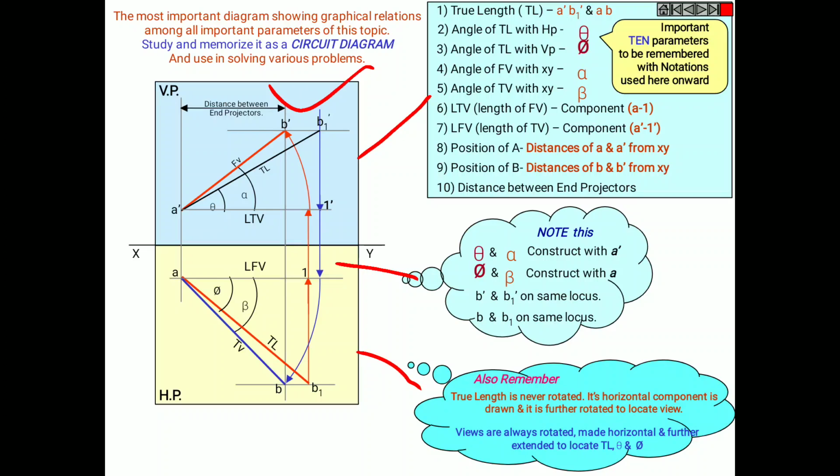And you also remember that true length is never rotated, its horizontal component is drawn and it is further rotated to locate view. So, views are always rotated, made horizontal and further extended to locate true length for theta and phi. The above 10 are important parameters to be remembered with notations used from here onwards.